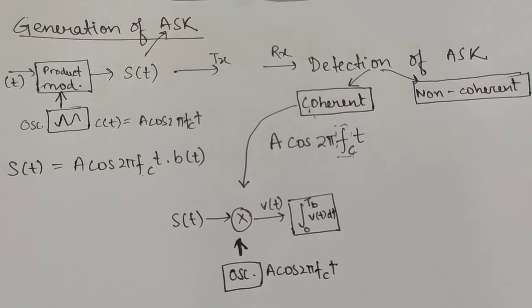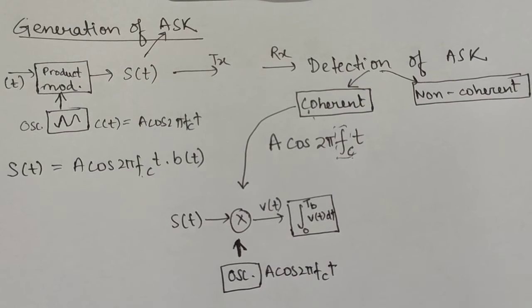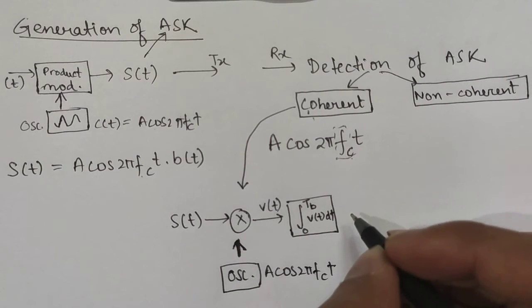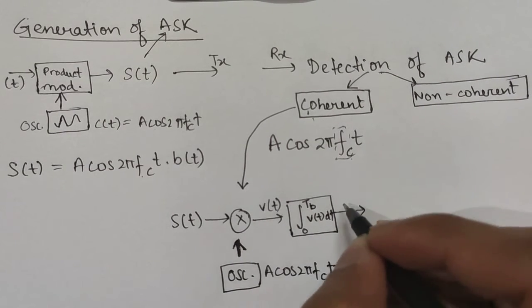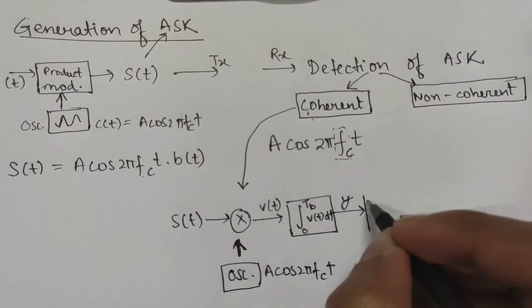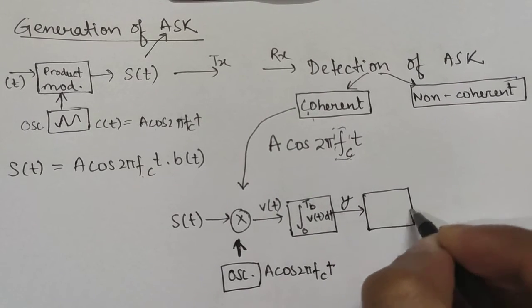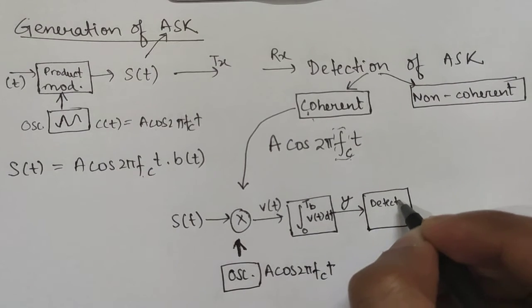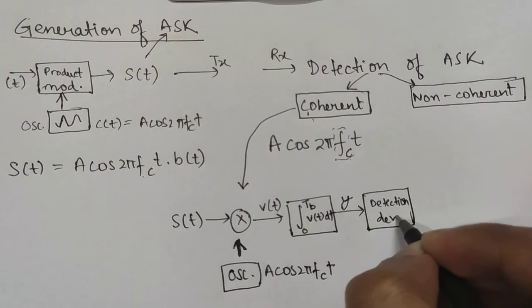TB was our time period of a bit. So this is going to integrate for 1 bit time period. And the output of this, let me say Y, is passed to a detection device.